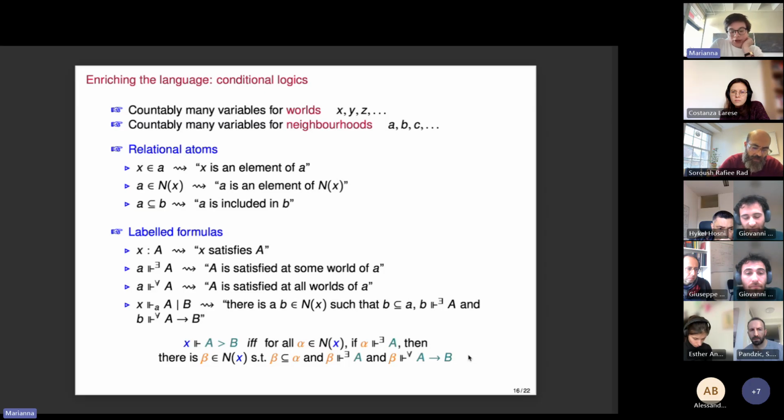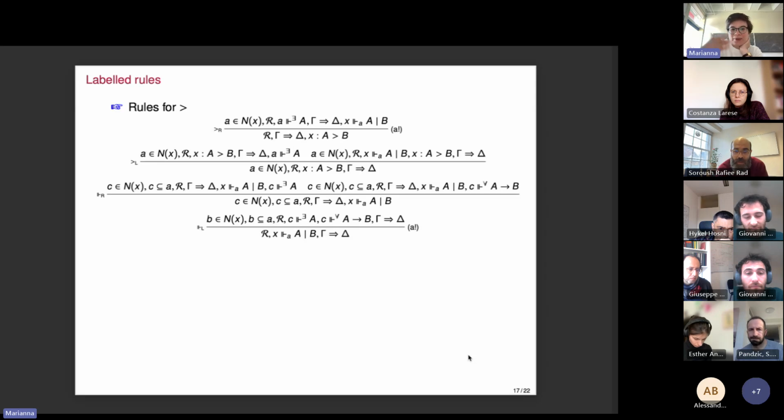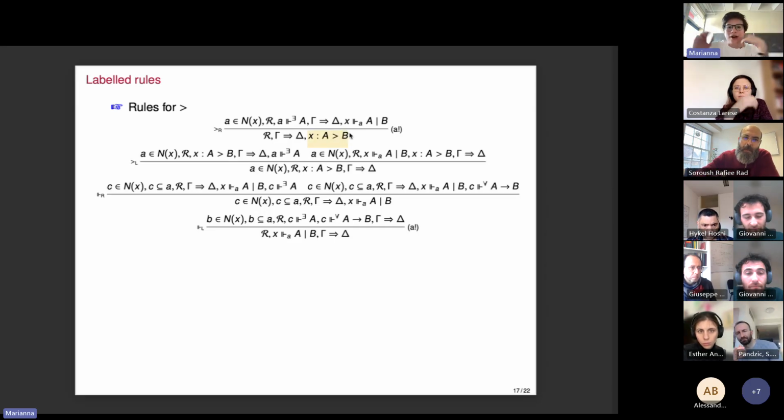So I'm going to show you some rules, not all of them, because that's probably a bit too much. The idea is the same. These are just some of the rules. I have the rules for the conditional. Propositional rules, of course, remain unchanged; I haven't shown them.